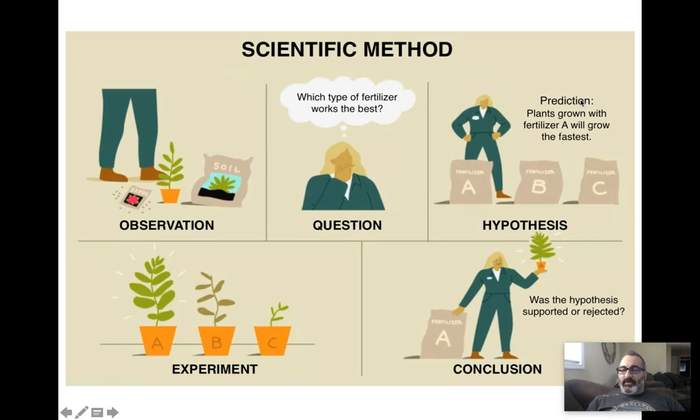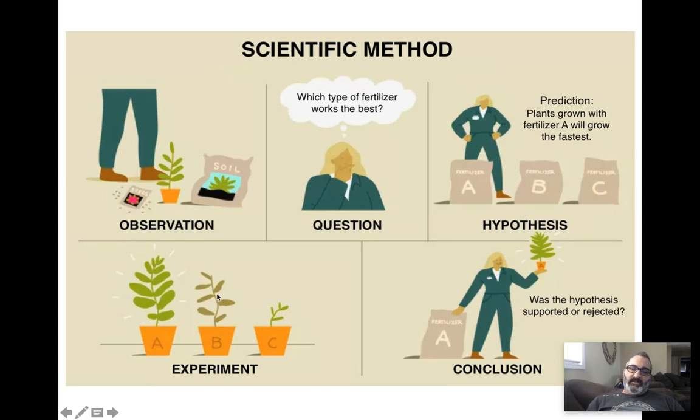The prediction is pretty much saying, if your hypothesis is true, what would happen? If fertilizer A works the best, that's the hypothesis, then plants grown with fertilizer A will grow the fastest. That's what's going to happen as a result of the hypothesis.